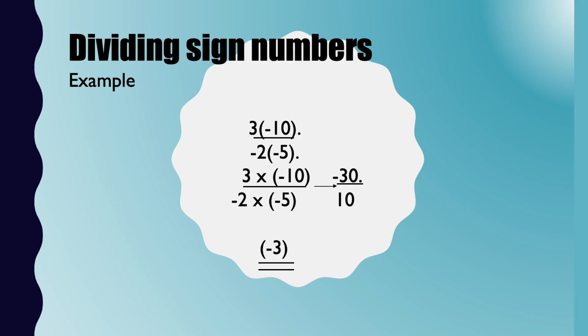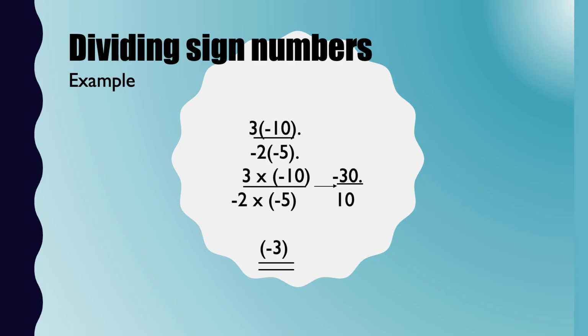Again, forget about the signs. Just get the 30 and 10. What is the answer when 30 is divided by 10? The number is 3. Now we got the number. Now we are going to get the sign. Think about the sign. We have minus divided by plus.